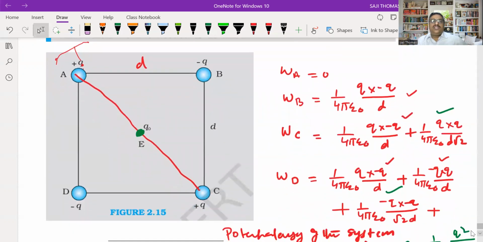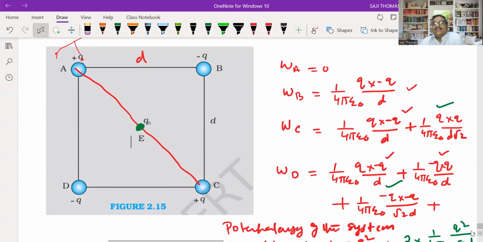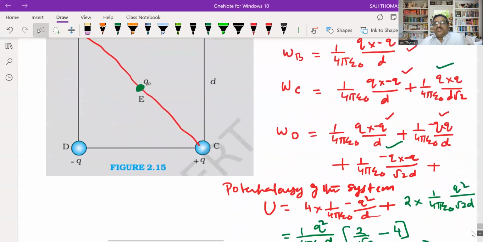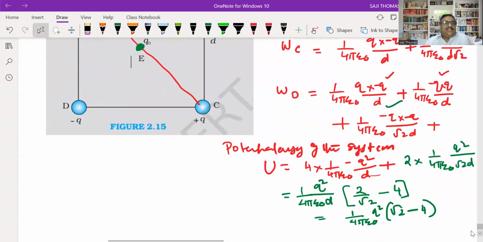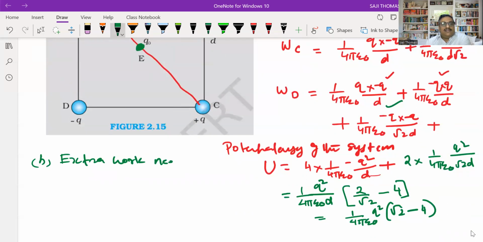You need to find out the total potential at the point E due to all the charges into the charge Q0. So we can write part B, extra work done: V into Q0, where V is the potential at the point E.